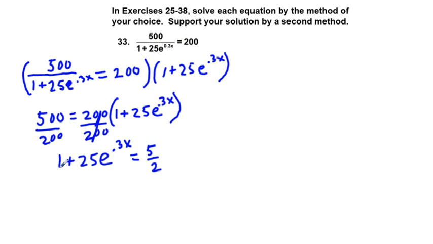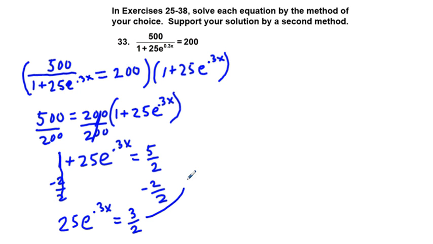Next we're going to get rid of this 1 on the left side, and to do that, we're going to subtract 1, which is 2 over 2. So subtracting 2 over 2 from both sides, 1 minus 2 over 2 cancels. And what we have left is 25e to the 0.3x equals 5 halves minus 2 halves, which is 3 halves.